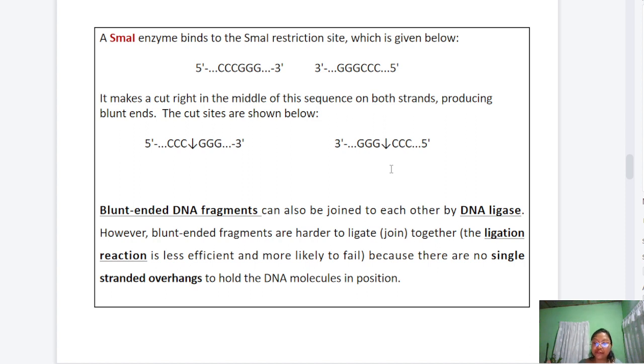Unlike overhanging fragments, which are always reactive because they want to form a bond with some other strand, once they identify the complementary strand they immediately form a bond between the two strands. So this is a drawback in a blunt fragment, where such ligation will be difficult to happen. I'm not saying it is not going to happen, but it is comparatively more difficult compared to the sticky end.